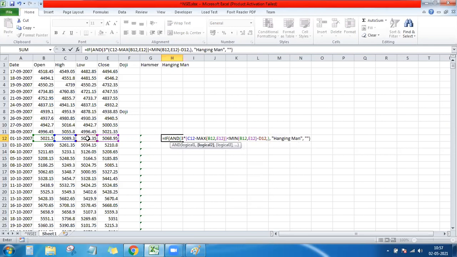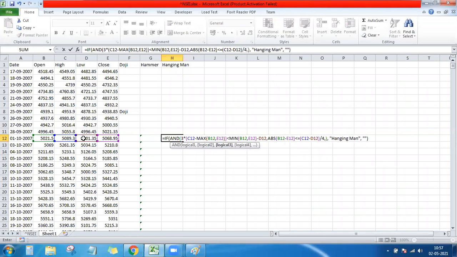This is one condition. The second condition is regarding the body. So absolute value of open minus close should be less than or equal to high minus low multiplied by 1 by 4, so divided by 4.